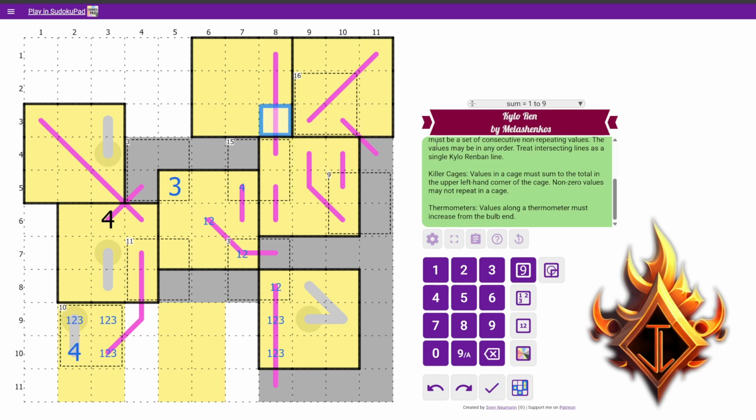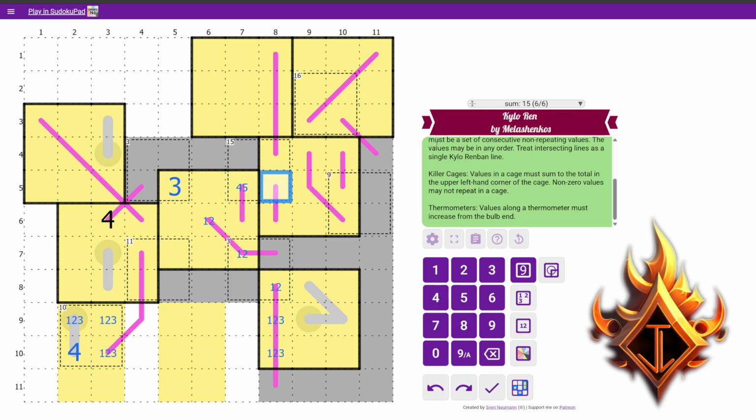Why couldn't this be 4, 5? Ooh. Did I screw up here? Four is the minimum here, so 11 is what I'm shooting for. 10 or 11. Right, because that could be 5.